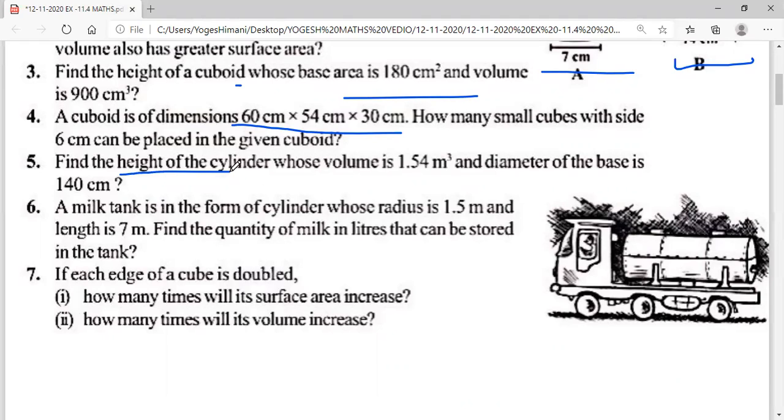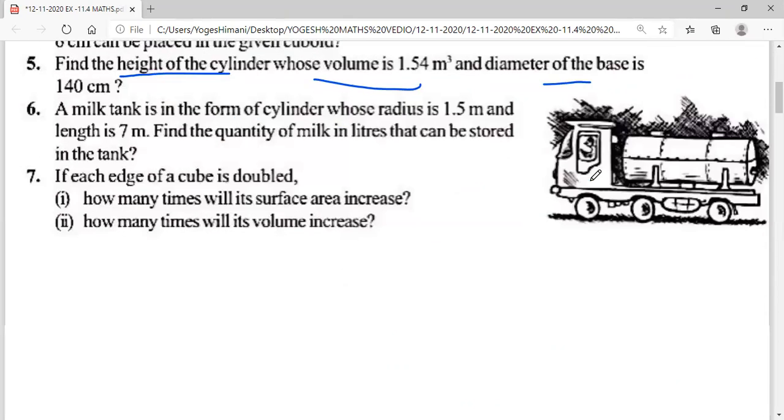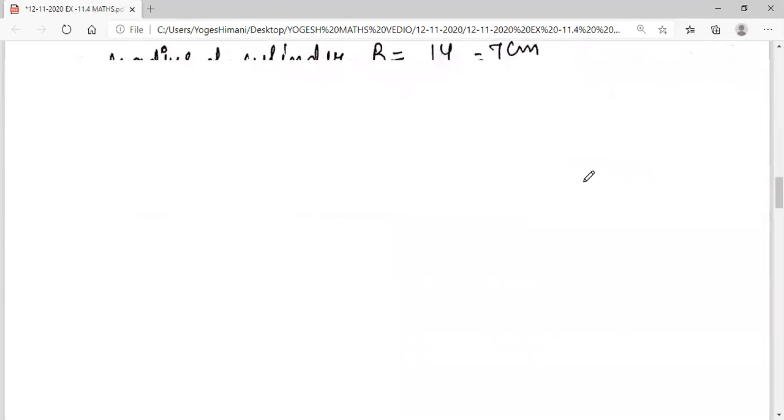So you can see: find the height of the cylinder. What do we have to find out? The height of the cylinder whose volume is given. Means the cylinder has volume pi r square h, which is equal to 1.54 cubic meter, and the diameter of the base is 140 centimeter.